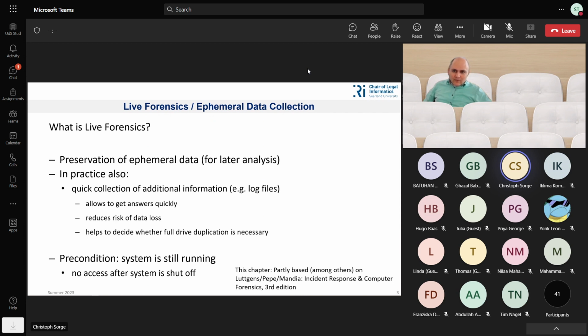But while you are at it, you can also collect some additional information, either because you're doing the live forensics process anyway and it doesn't hurt to get some extra data quickly, or because you perhaps don't even plan to do a post-mortem analysis.